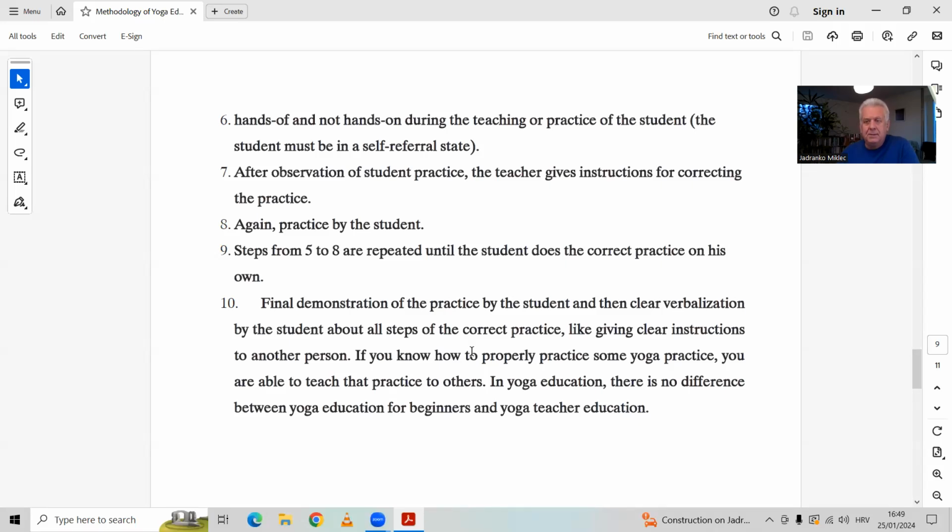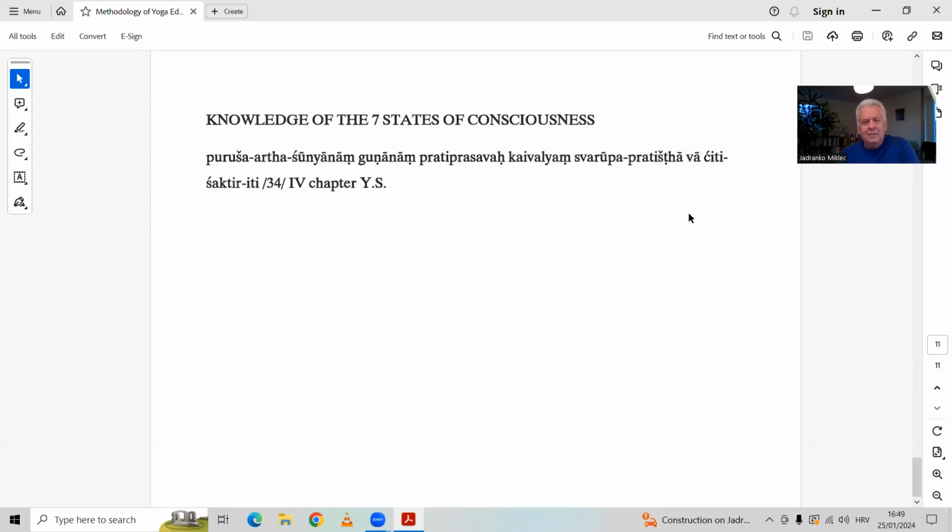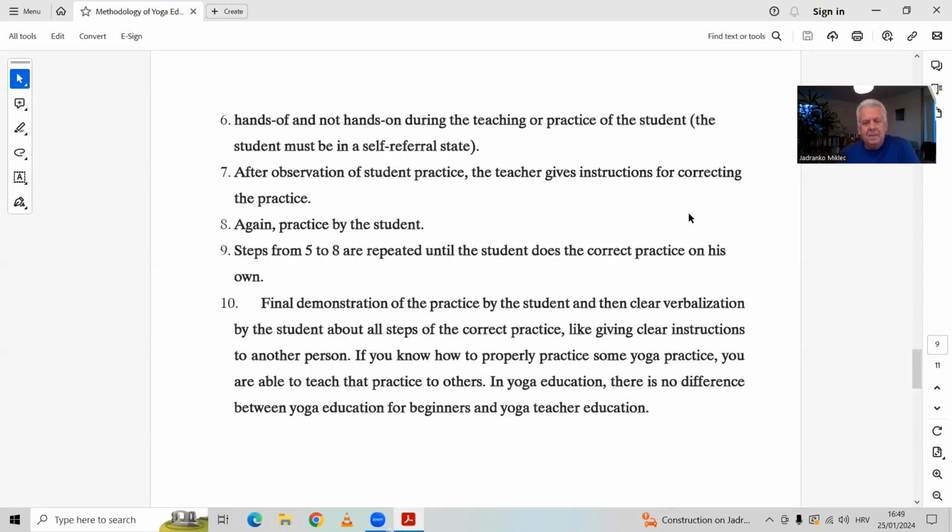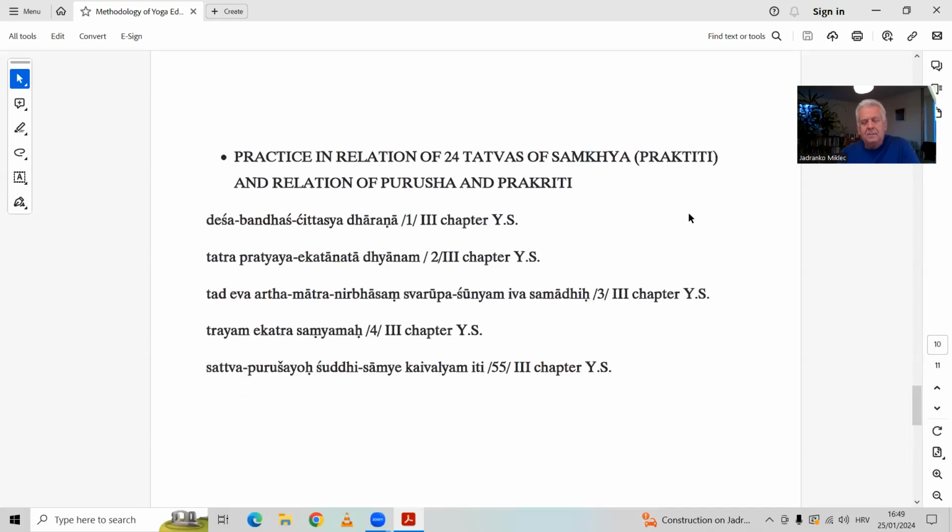There is no difference in the approach of the teaching, because if the person really knows how to do the practice, then he will know how to teach the other person. So this is one summary of the methodology of the teaching.